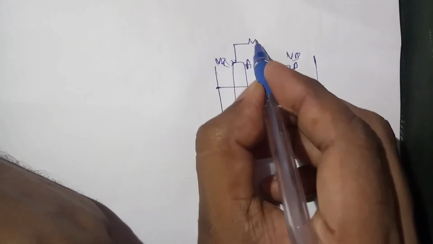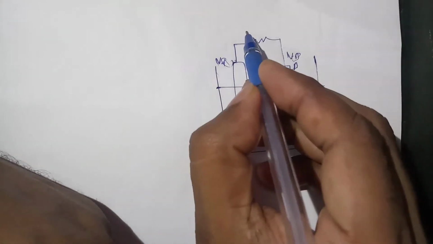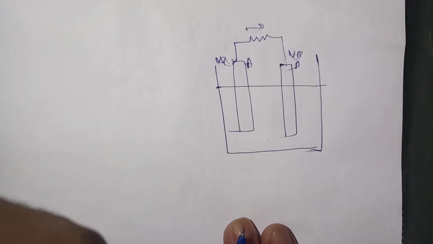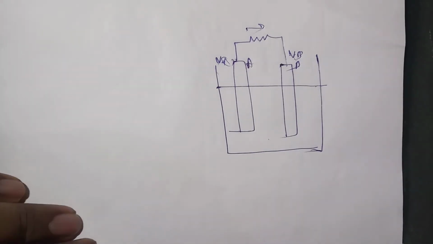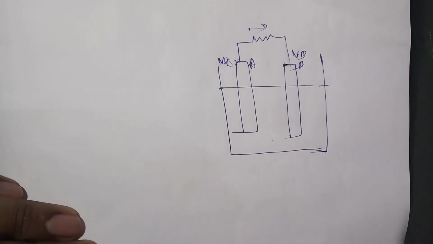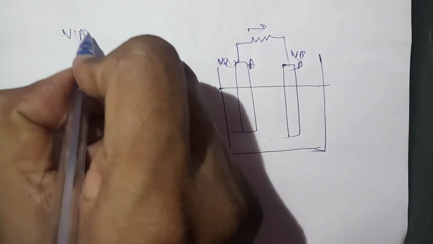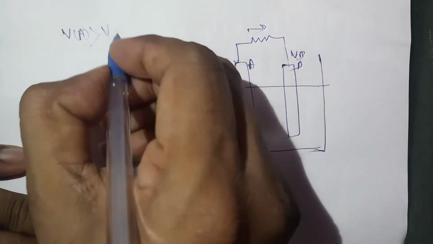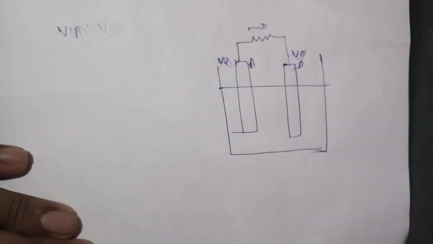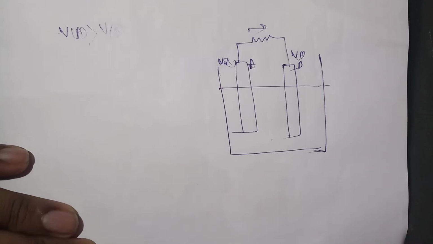So if we connect this with a resistor like this, a current will flow through it from A to B. Now you see here, why is the current flowing from A to B? Because the potential of A, that is VA, is more than VB. So from a higher potential to a lower potential only the current will flow.